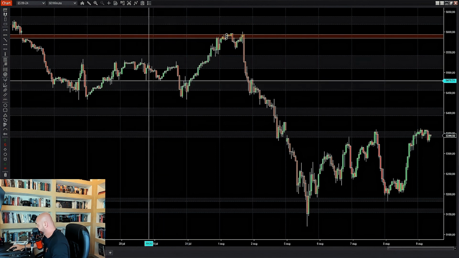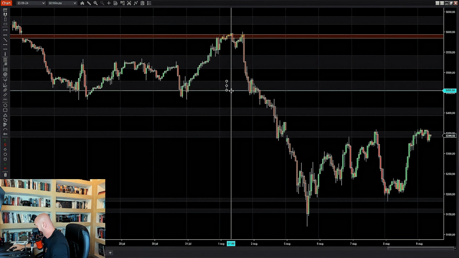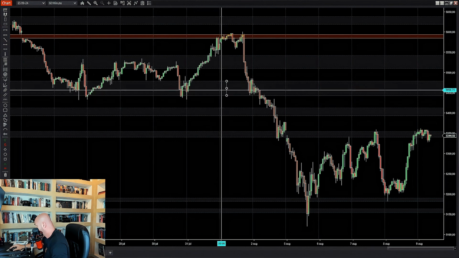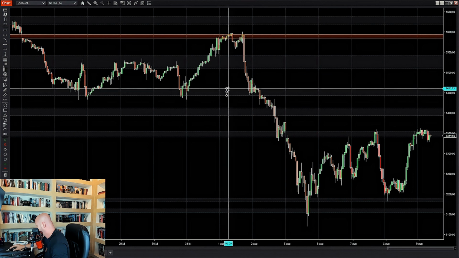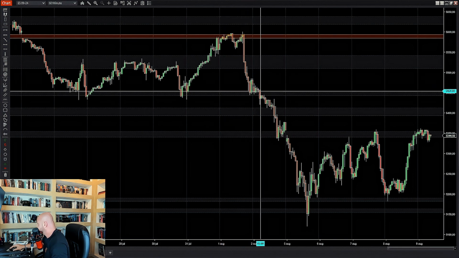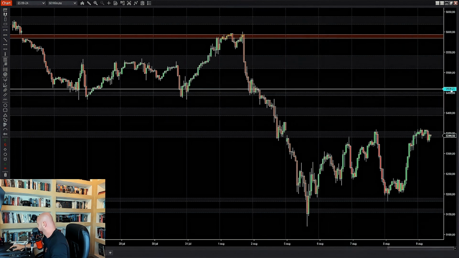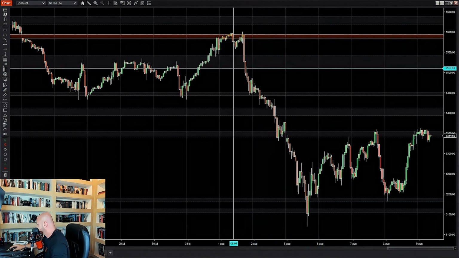So this liquidity zone, I'm just going to shovel it here. So we know price has gone really fast at this point at 5450 on ES.